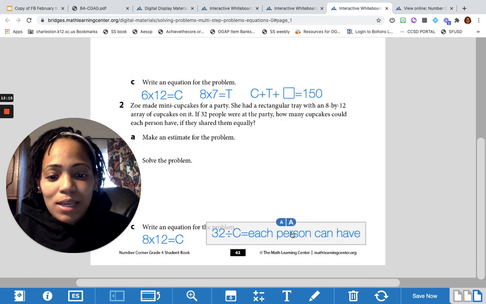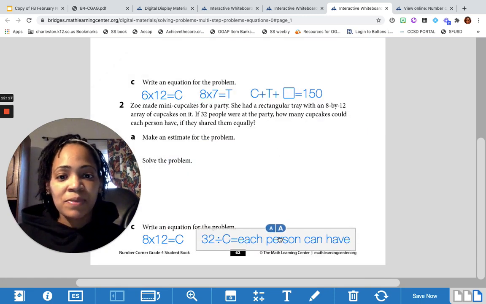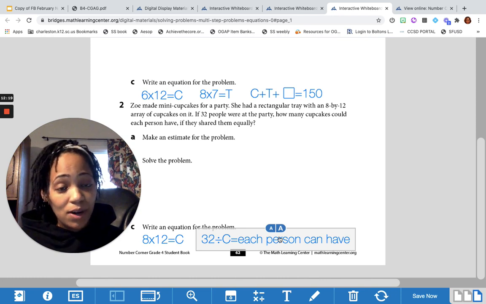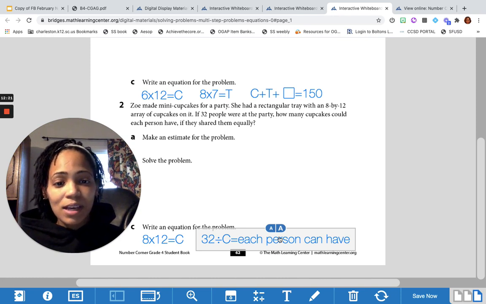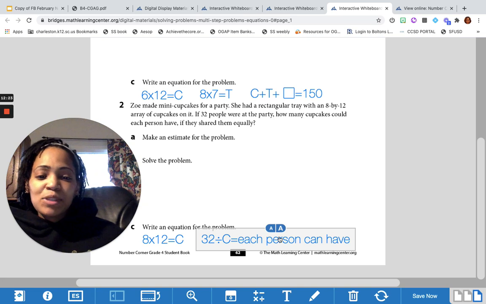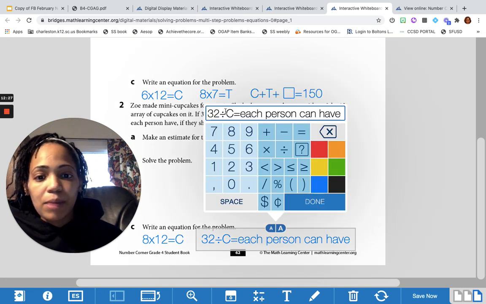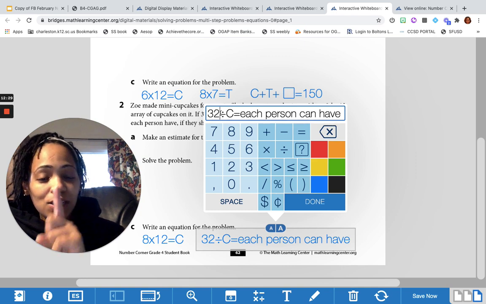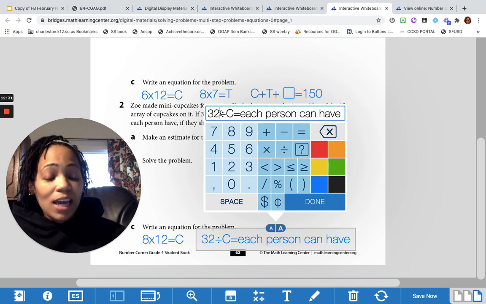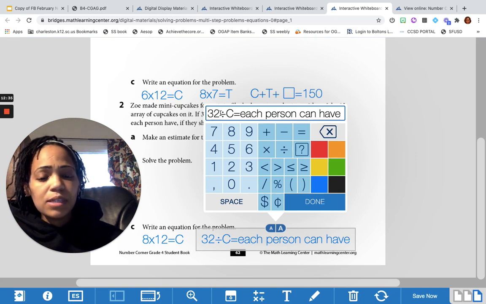I like labeling equations. That really helps me think about it. Do we think we got every part of the question? I think so. So 8 times 12 is about, and I wrote my equation backwards. I'll tell you how I figured that out in just a second. 8 times 12 is about 80, because 8 times 10 is 80. So it wouldn't make sense if I had 32 divided by 80.